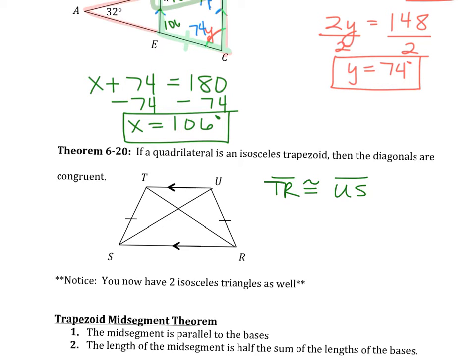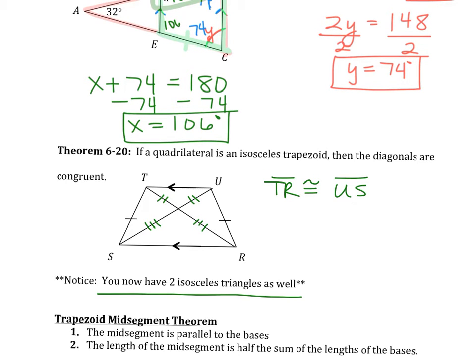What ends up happening is this. You have two isosceles triangles, not four. Okay, with the rectangle, you had 4 isosceles triangles, right? It broke it all into pretty parts. With this one, you would have this piece congruent to this piece, and this piece congruent to that piece.